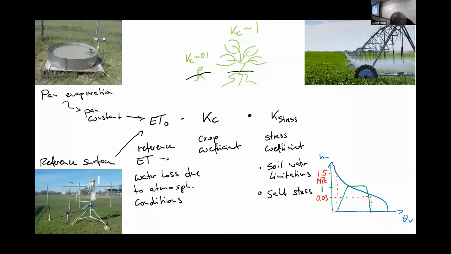Where this here is 1 and this is 0, and then you have a plateau here where you have no stress, which means that K stress equals 1. If you get closer to permanent wilting point, your stress coefficient reduces.